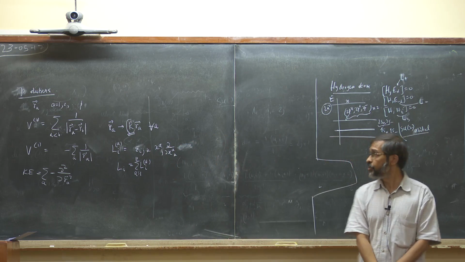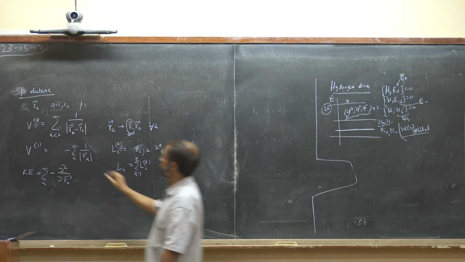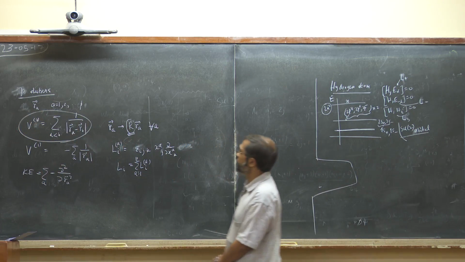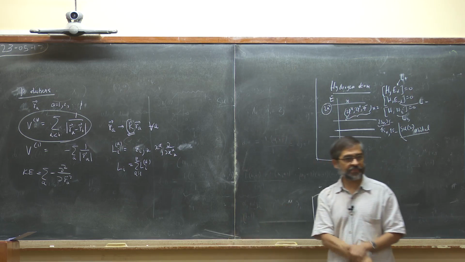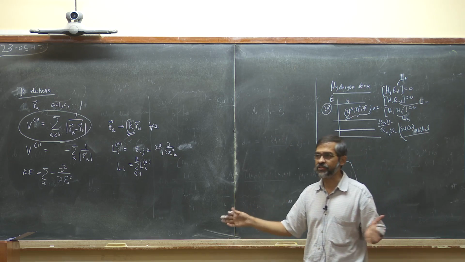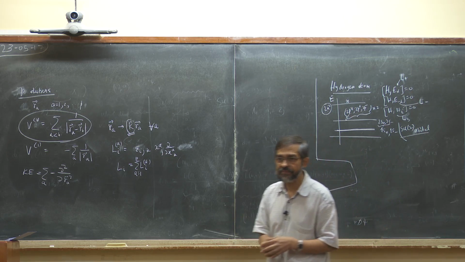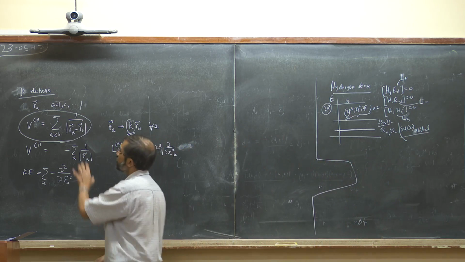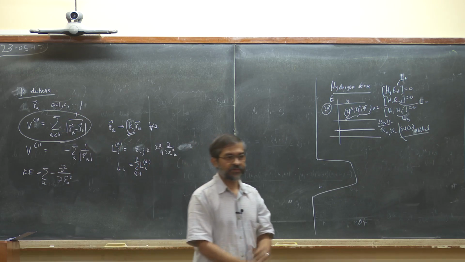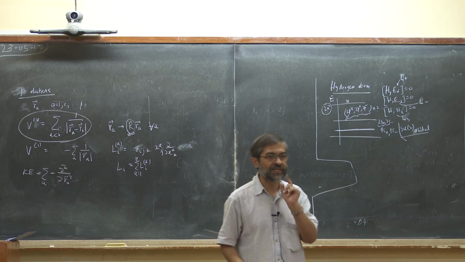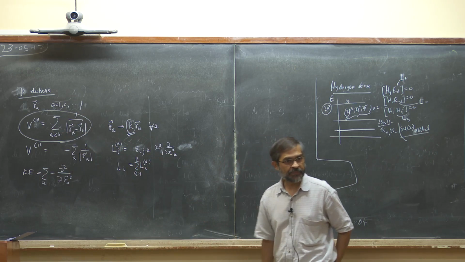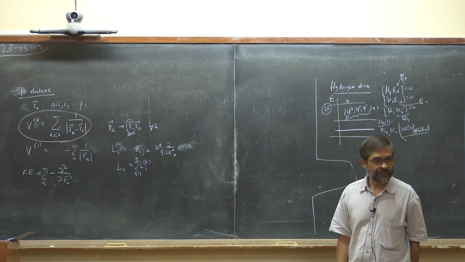Once I have introduced terms like these, what could have been SO(3) cross SO(3) cross SO(3), independent SO(3)s for all of them, this breaks that symmetry of so many copies of SO(3) into a single copy of SO(3). And that is for any potential that's a function of the distance between two particles.